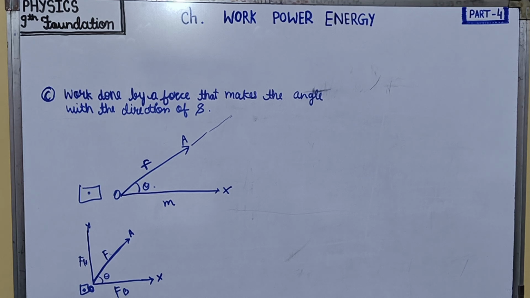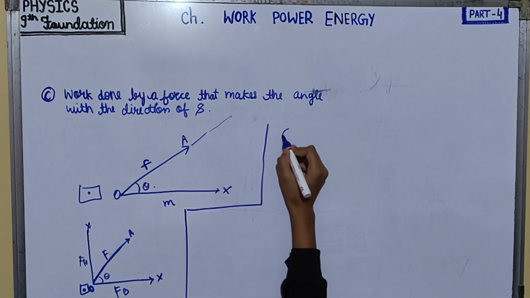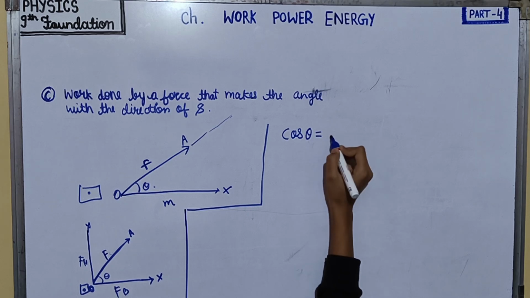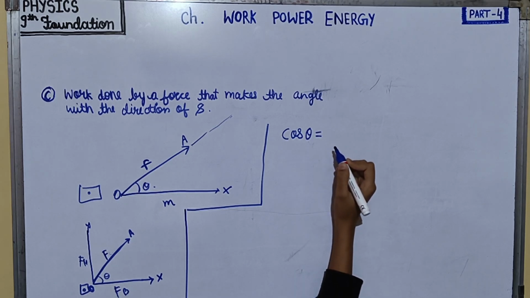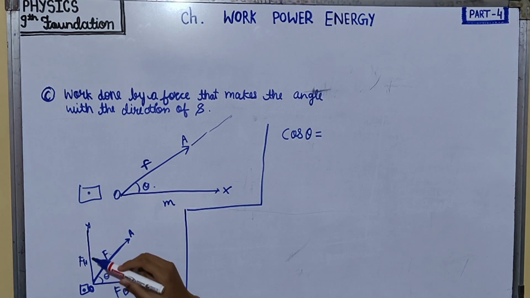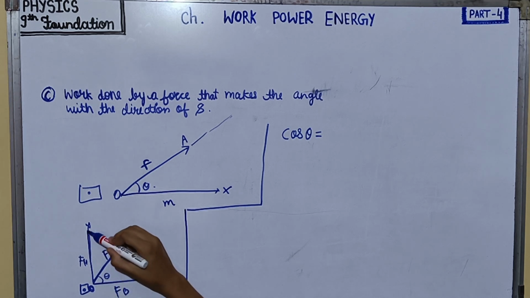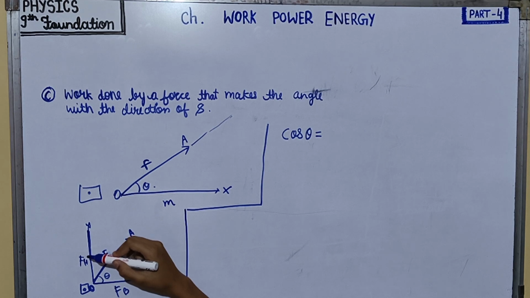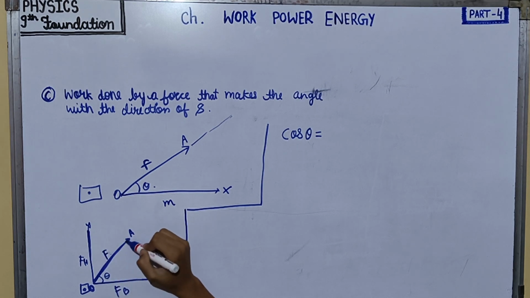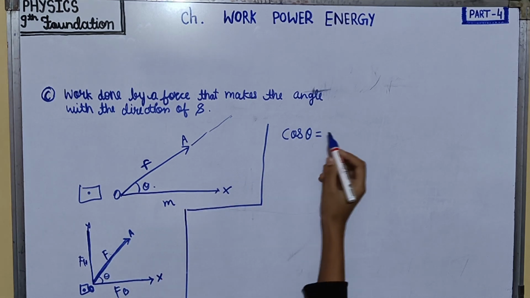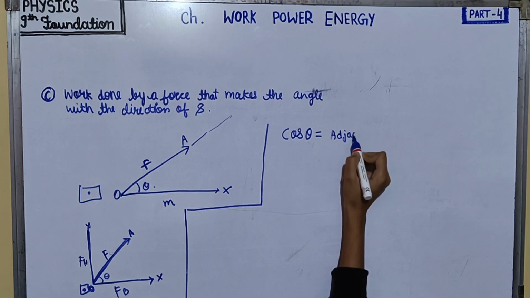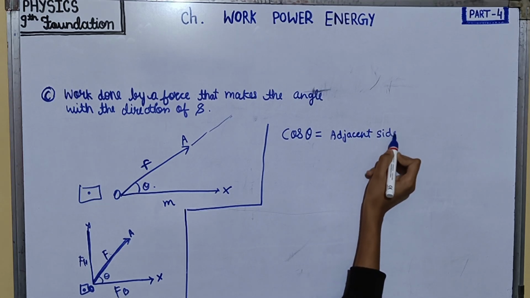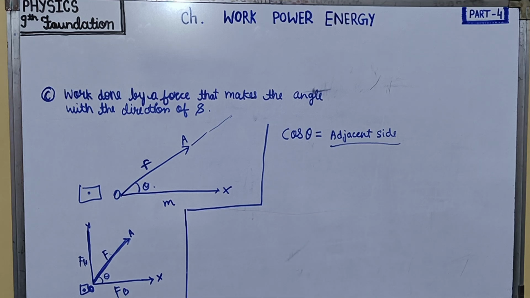So from the figure, by the trigonometric property, cos theta is equal to the adjacent side of theta upon the hypotenuse. This is theta. The adjacent side of theta is this, and the opposite side of theta is this.